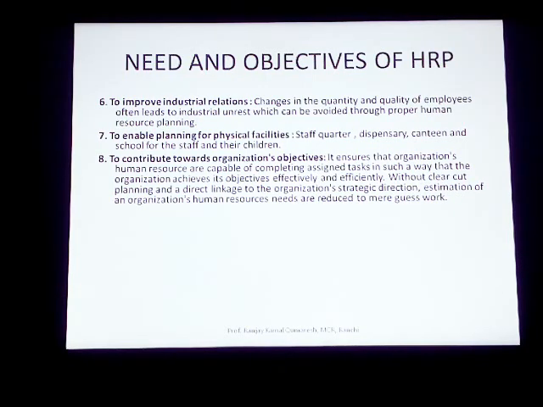It ensures that organizations' human resources are capable of completing assigned tasks in such a way that the organization achieves its objectives effectively and efficiently. Without clear-cut planning and a direct linkage to the organization's strategic direction, estimation of an organization's human resources needs are reduced to mere guesswork.